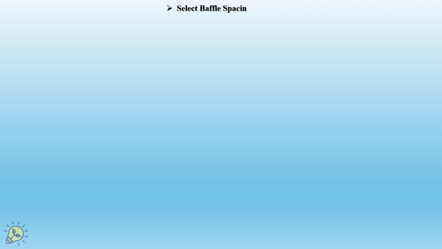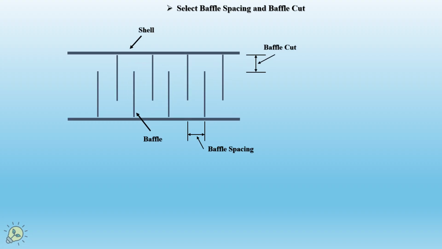Then we have to select the baffle spacing and baffle cut as well. If we consider this shell and tube heat exchanger, and this is the shell side where we can see the baffle distribution inside the shell. We have baffle cut, which could be a percent, and baffle spacing.